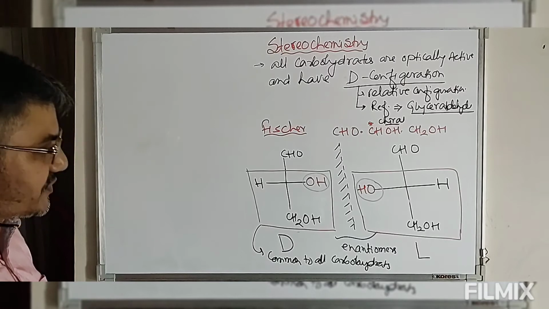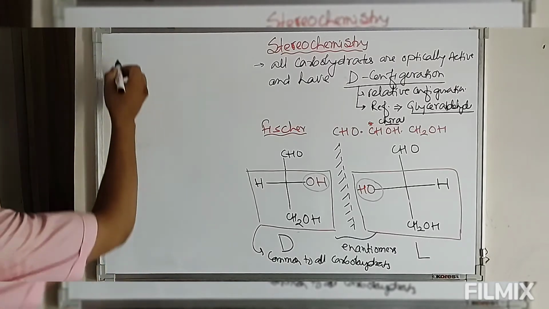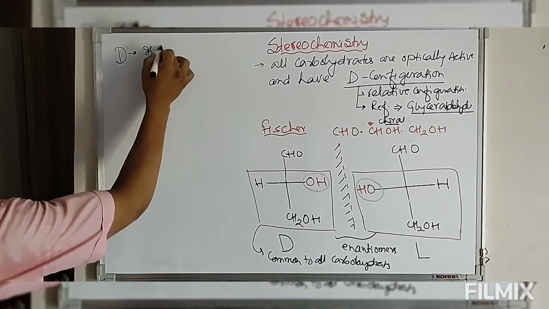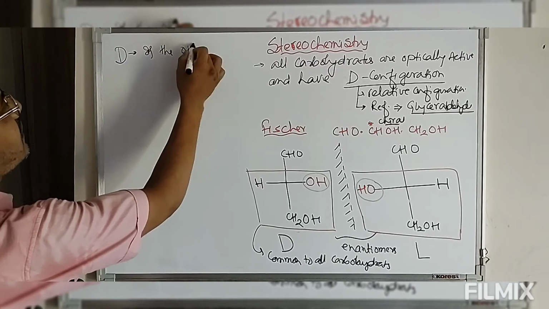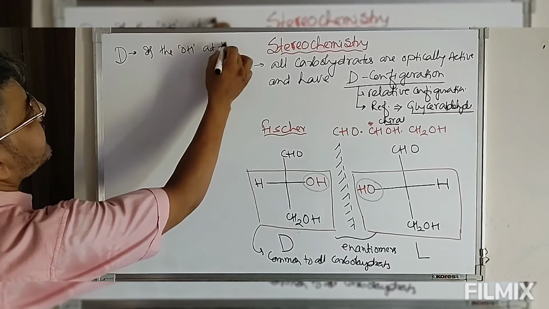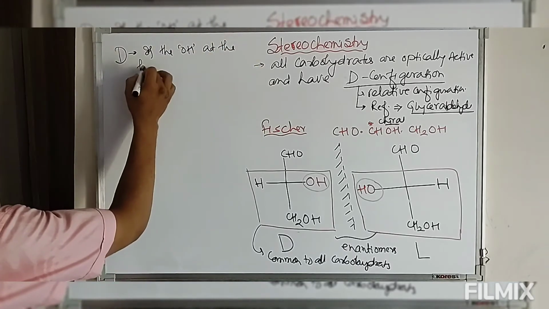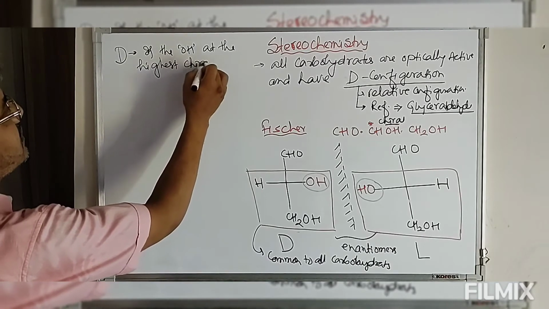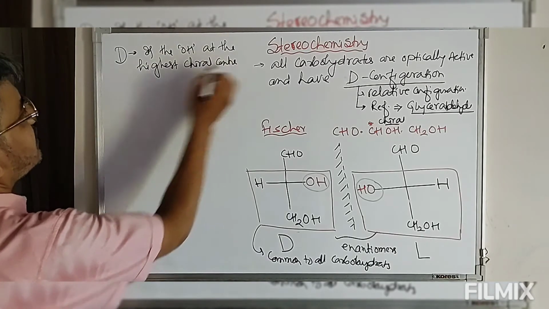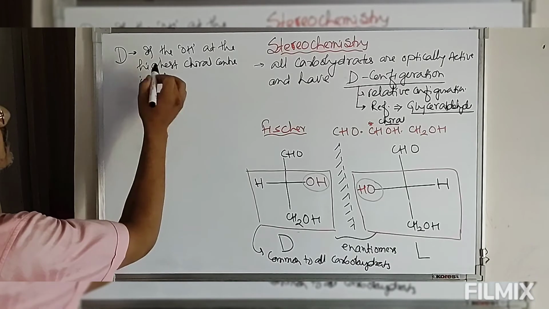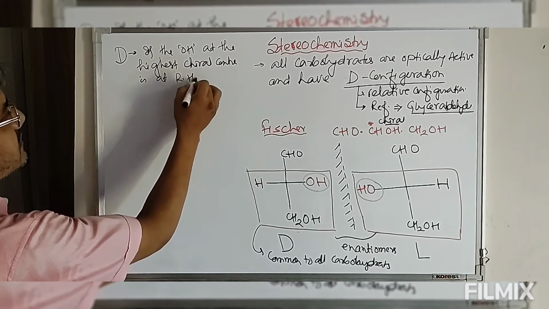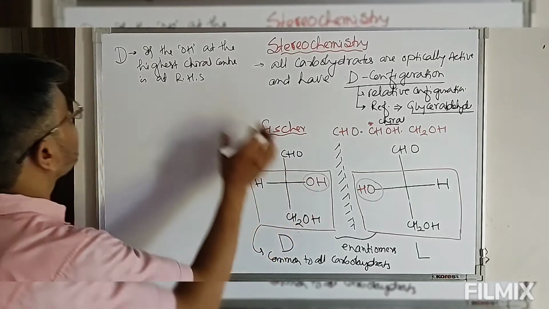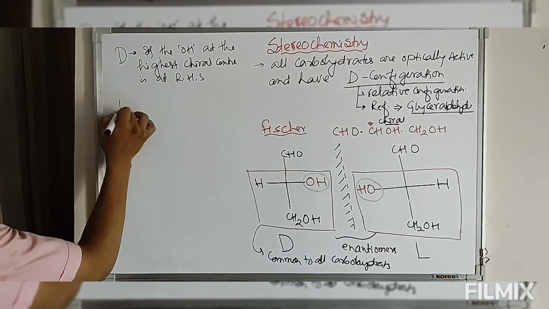So by definition, a particular carbohydrate is known as D isomer if the OH group at the highest chiral center is on the right hand side. So if the OH is on the right hand side, this is known as D isomer.